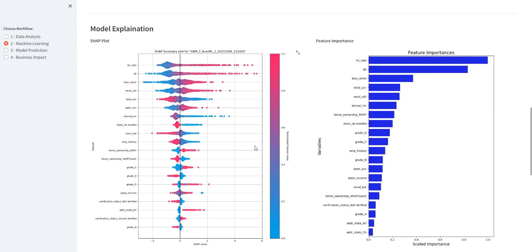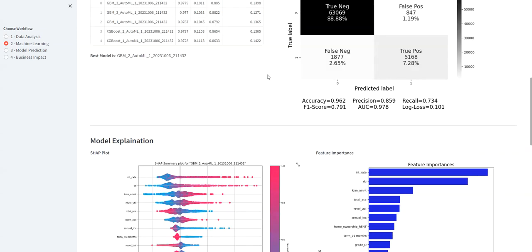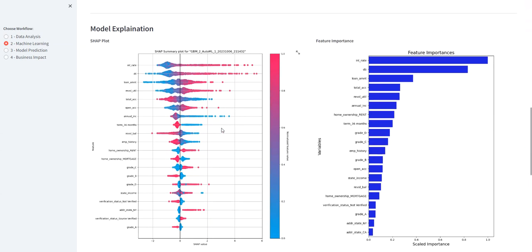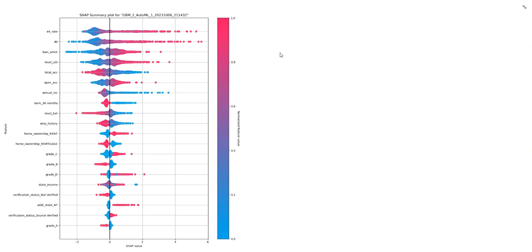And this is the most important part, where we not only have a good accuracy, but we also predict why, right? This is a key driver for predicting the probability of loan default, right? You can see the top drivers are interest rate, and this is a Shapley plot, right?